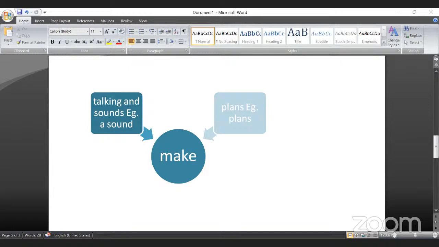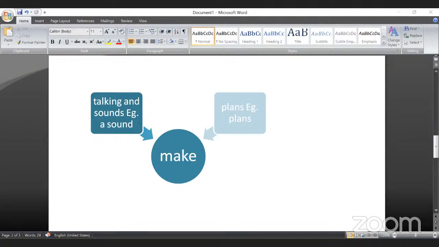Then the second one is you can use the delexicalized verb make with nouns related to plans. So something that is planned. Any noun that comes within the ambit of something that is planned can be used along with make. Example, make plans, make a choice, make arrangements, make a date, right?